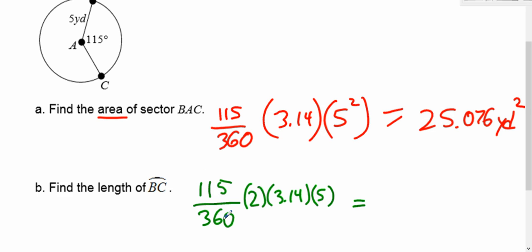Then divide by 360. And you get about 10.03, 0305, so you could round that up to 10.031 yards. That's just length, so it's just yards.